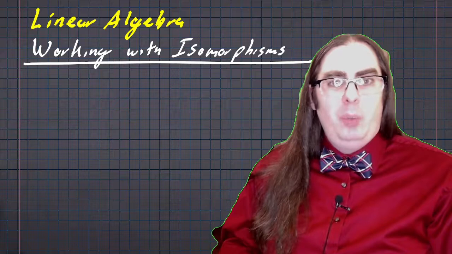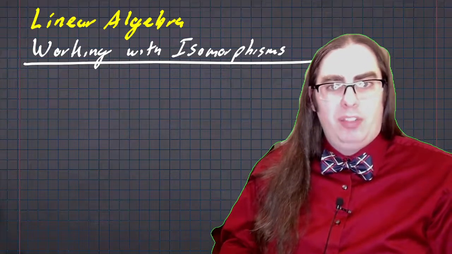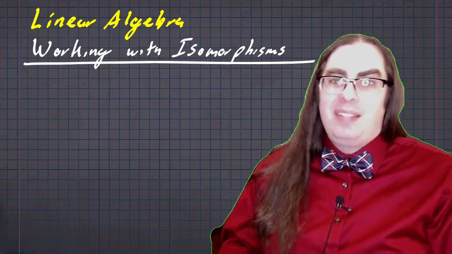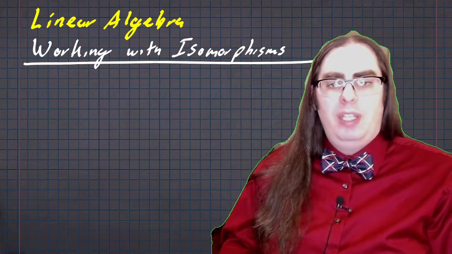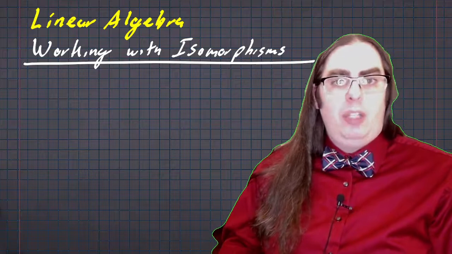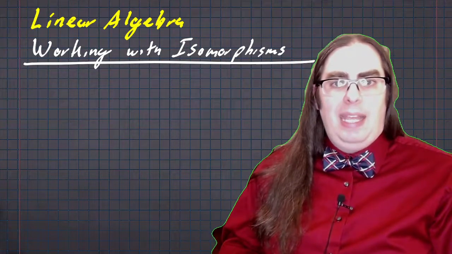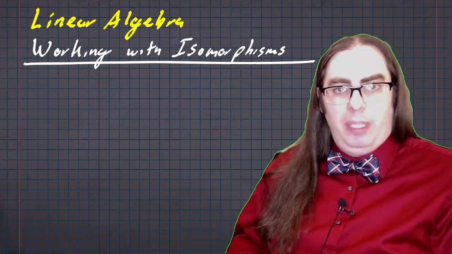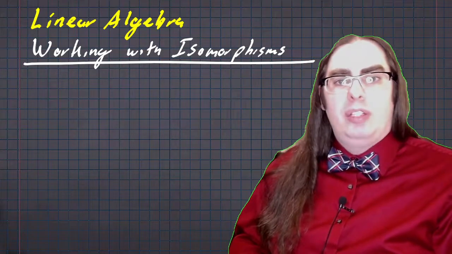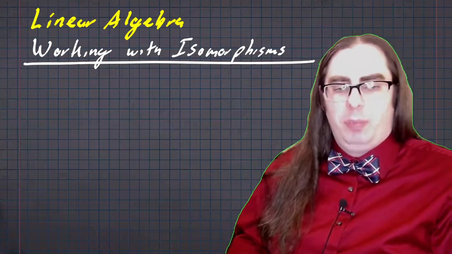In this video, we are going to be working with isomorphisms. As I hinted previously, the value of isomorphisms is that you can find a way to translate a linear transformation on one vector space into a linear transformation on an isomorphic vector space.